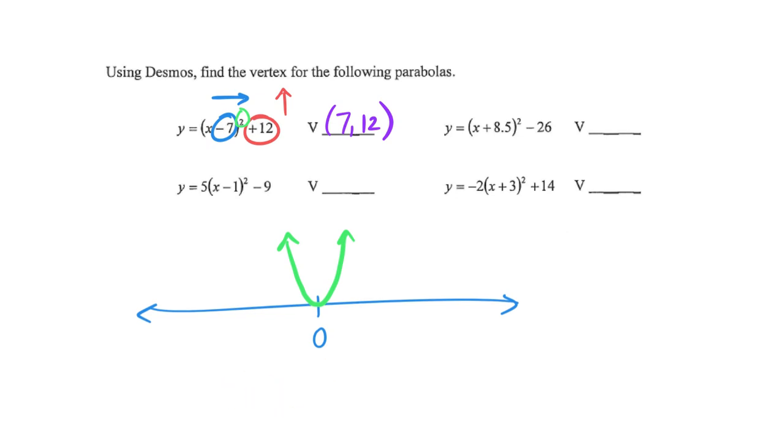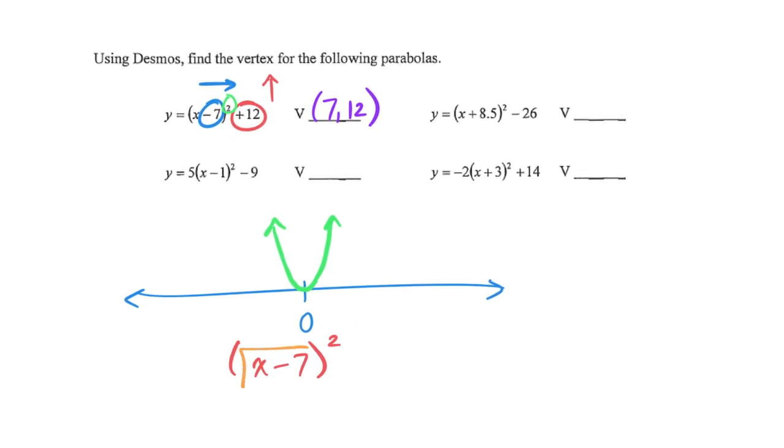Okay. Let me write that equation down one more time. If I am subtracting 7 from that x, then does it make sense that all of my x's have to be 7 bigger than what they used to be to get me back to my base parabola? Okay, let me give you an instance.